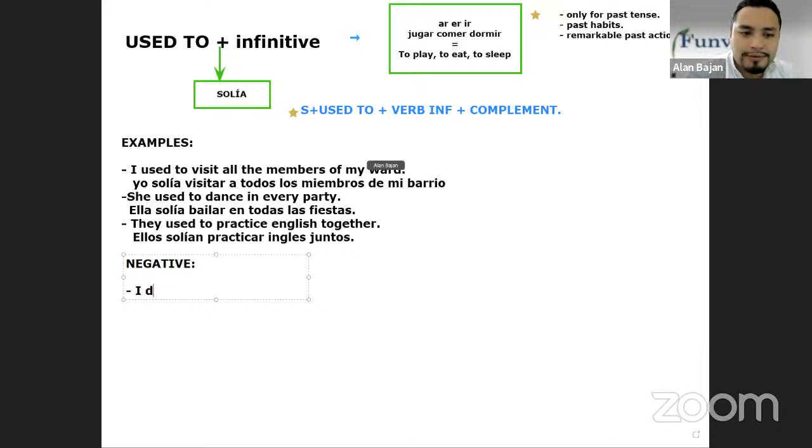What is the auxiliary for past tense? Did. Because it's negative, we add not, didn't. I didn't use to visit all the members of my ward.